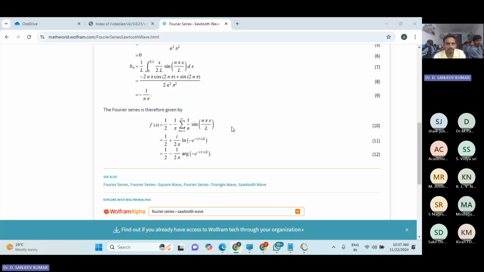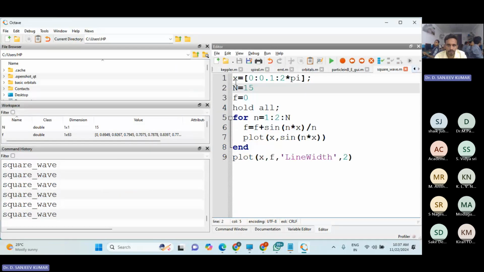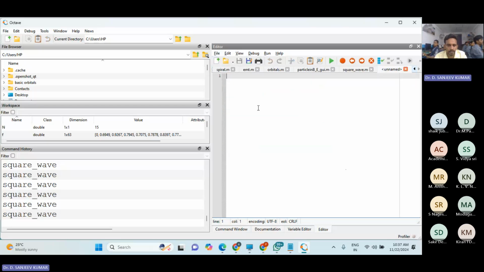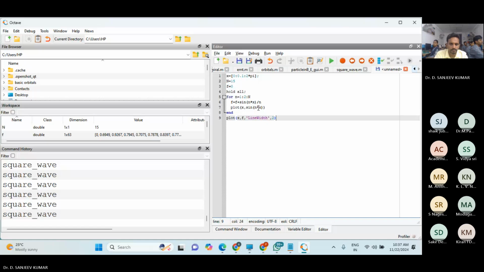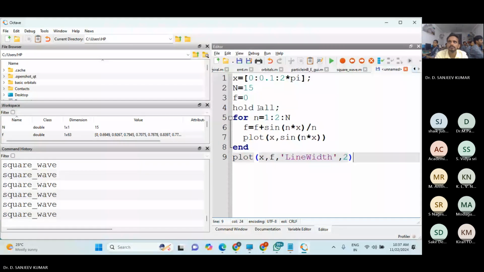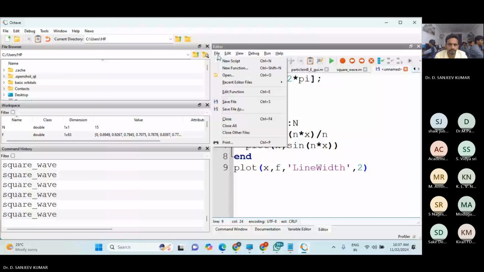Okay, so I'm copying this entire program, creating a new file, and saving it as sawtooth.m.